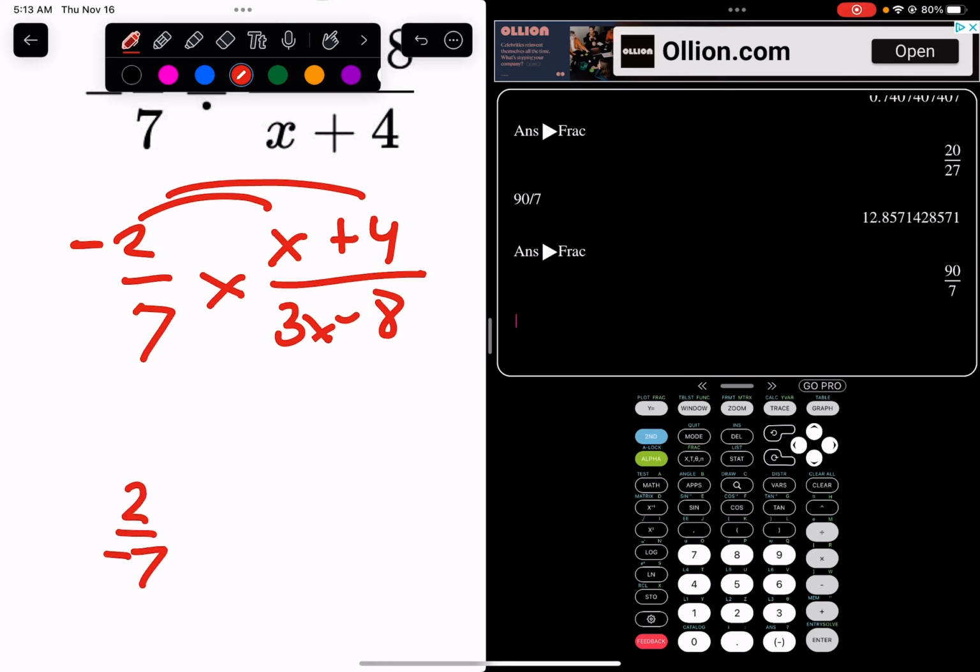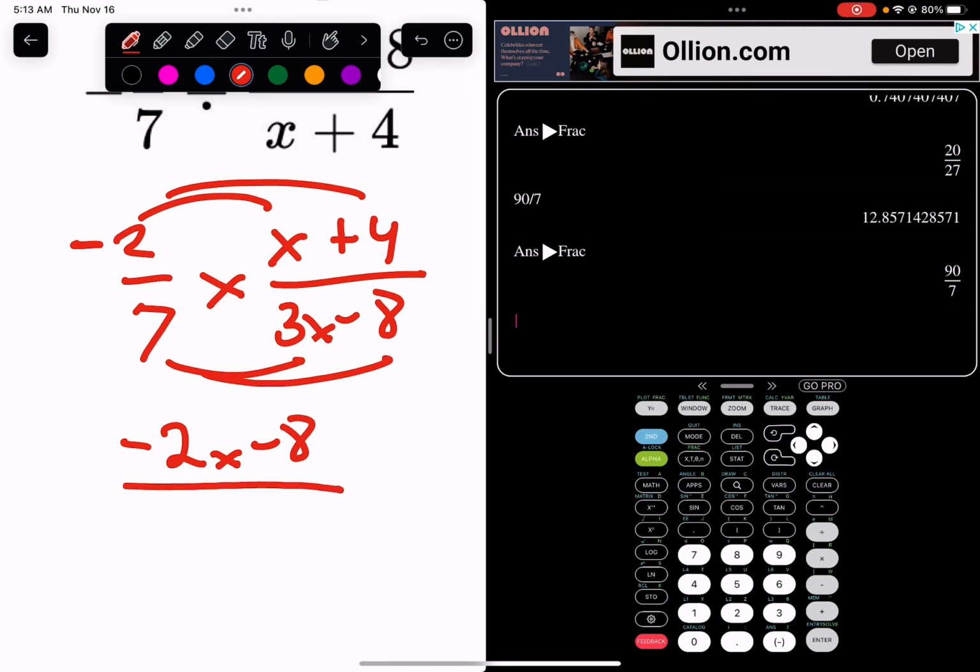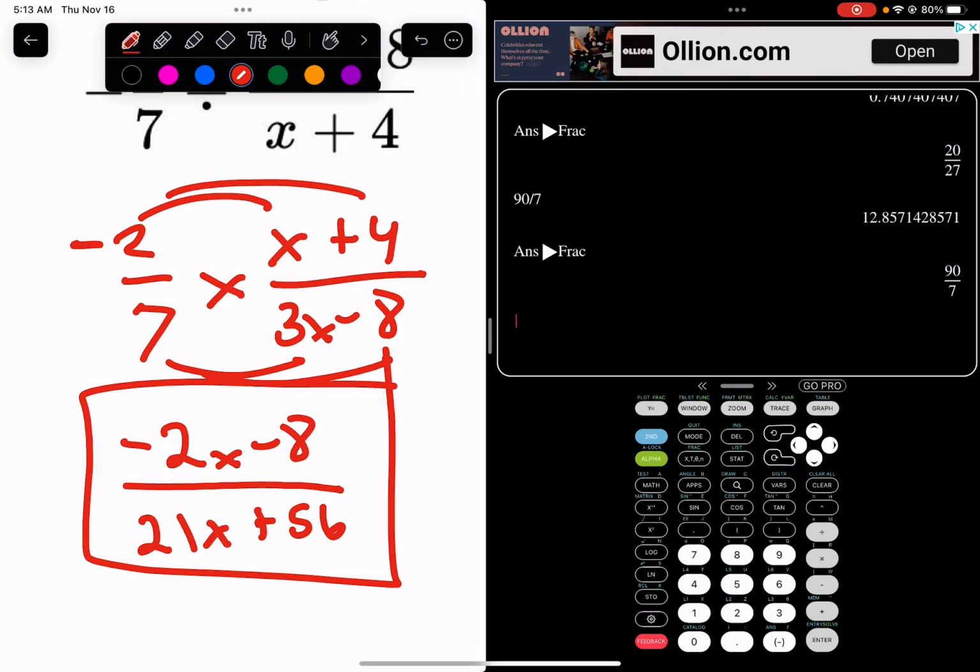But what you cannot do is make it -2 over -7, because really then that's a positive 2 sevenths. So we end up with minus 2x minus 8 all over 21x plus 56. And that's our answer there.